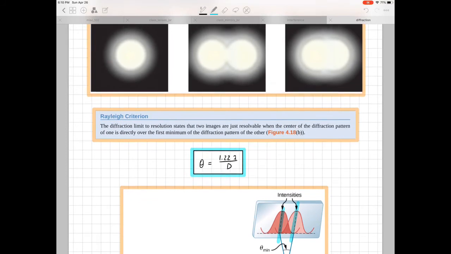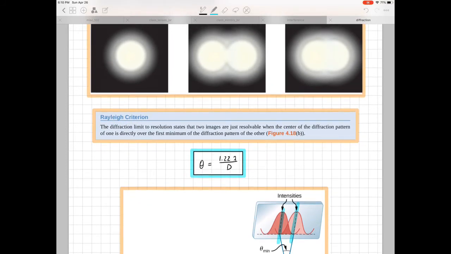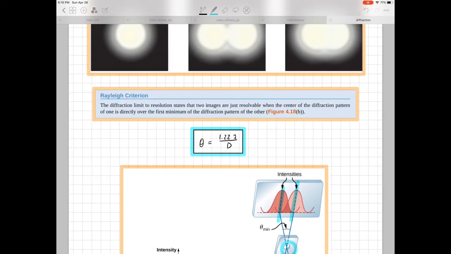So this is called the Rayleigh criterion. It's the diffraction limit for an observation. So you can resolve two images if the central diffraction pattern is directly over the first minimum of the other.